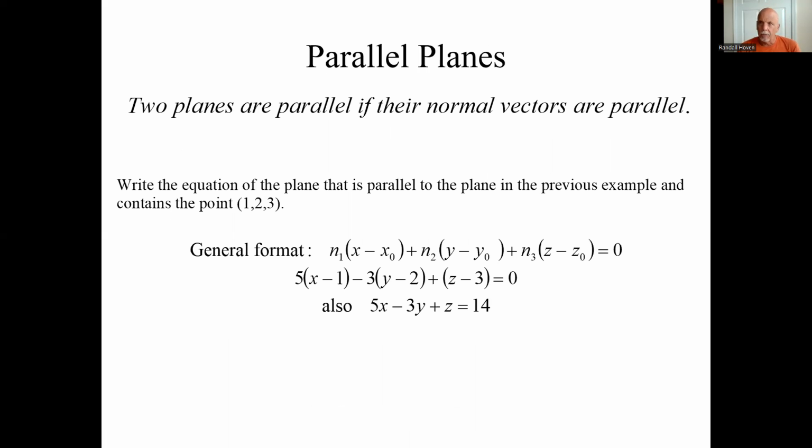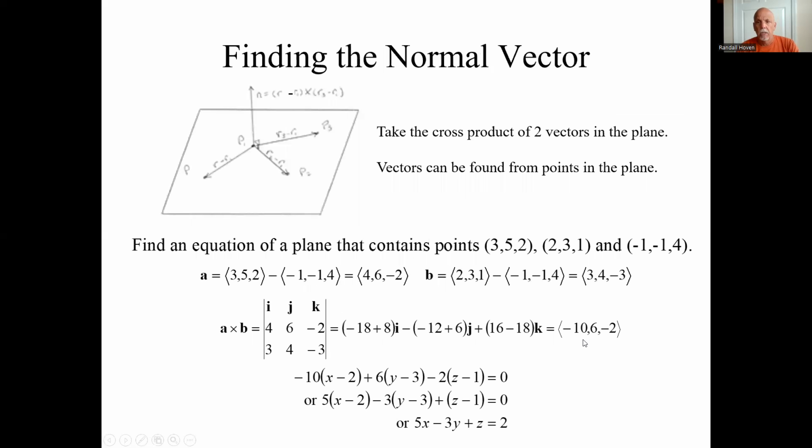Planes are parallel if their normal vectors are parallel. So let's say you're asked, write the equation of a plane that's parallel to the plane we just did, but contains the point 1, 2, 3. So we go back to the same general format of a plane. The normal vector is what goes outside the parentheses, and we had, remember this, or any scalar multiple.